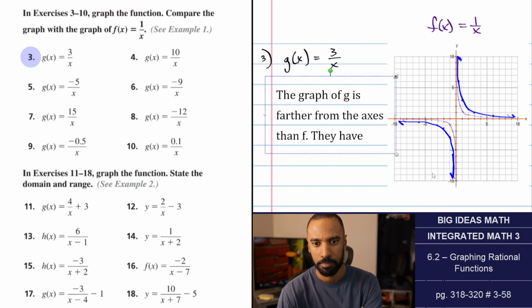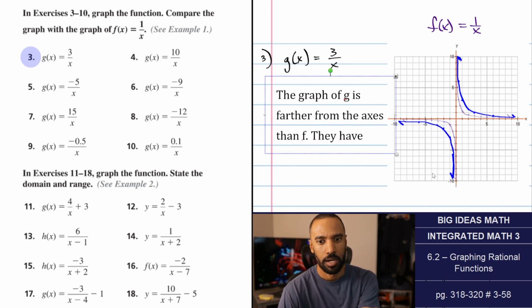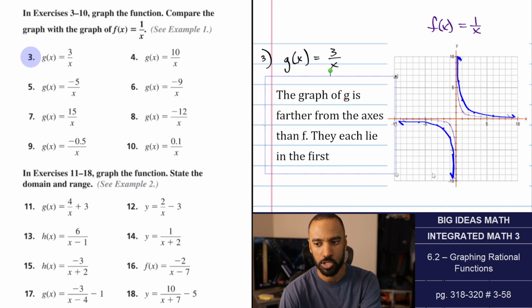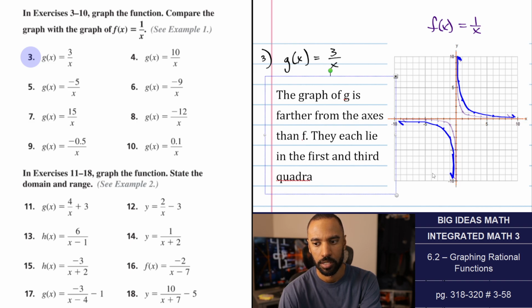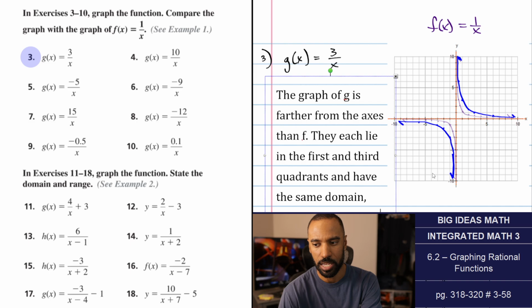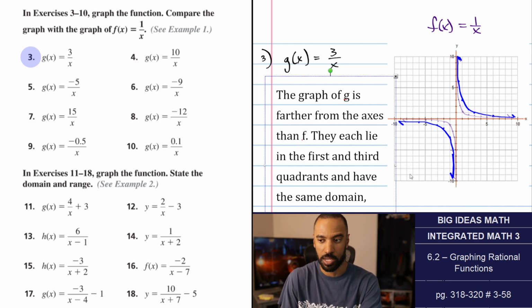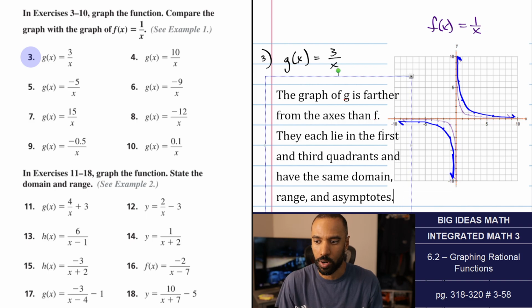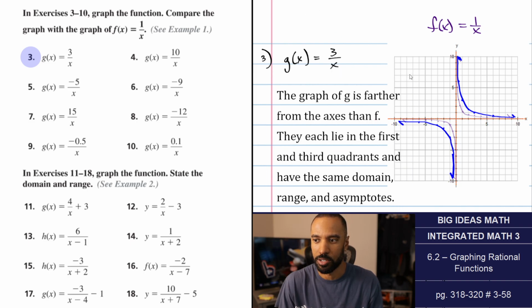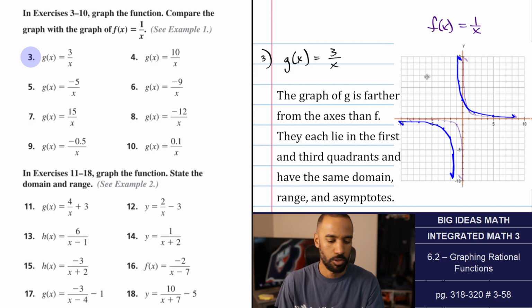They each lie in the first and third quadrants, and have the same domain, range, and asymptotes. Again, that information is not going to change for these problems, for the first ones, because there's no translations. As long as there are no translations, we're going to have that same information for those parts. You dig?